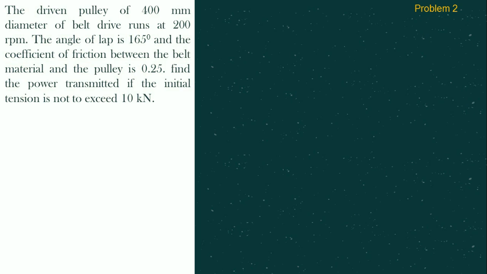So let's first calculate what all the data is given to us, then we will move further. So data given here is that D2 is equal to 400 mm. RPM N2 is given as 200.